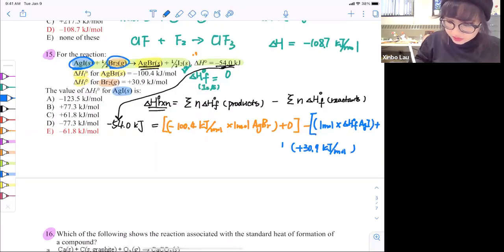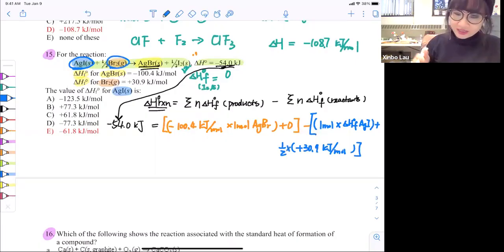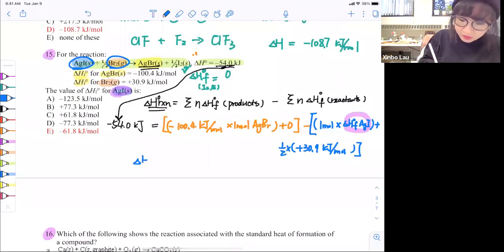The coefficient is 1/2. So I do my calculation and I'll be able to solve for this unknown, the enthalpy of formation for silver iodide.